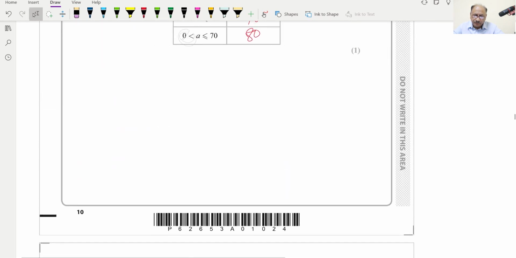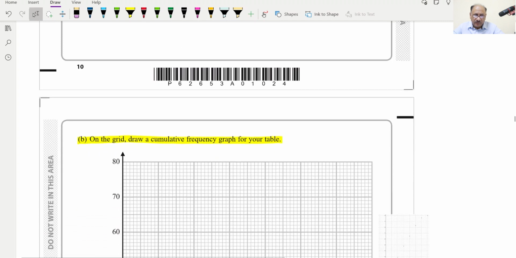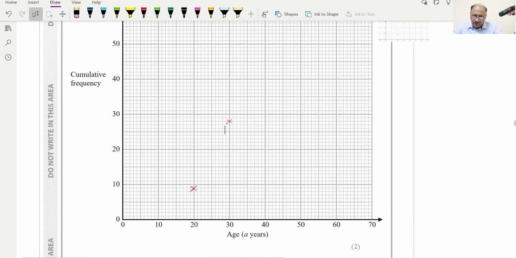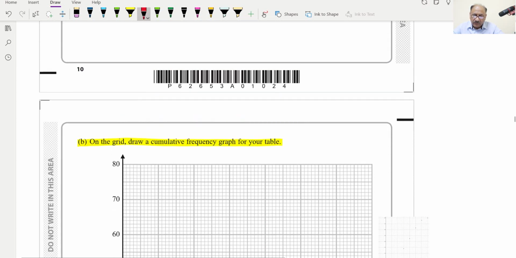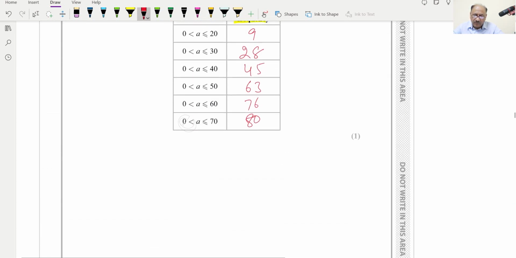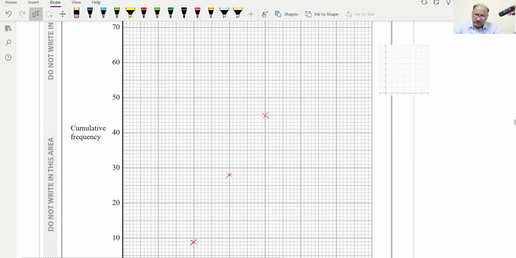And then 40 is 45, so for 40 it's 45, and 45 is over here. Then 50 is 63, and 63 is this point.